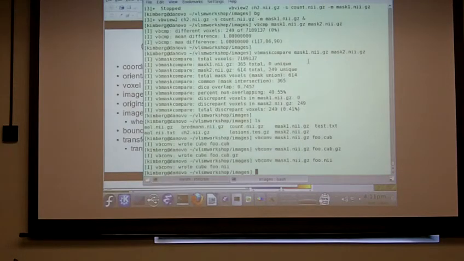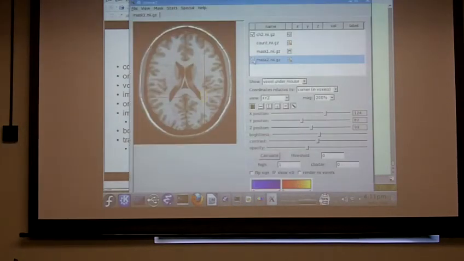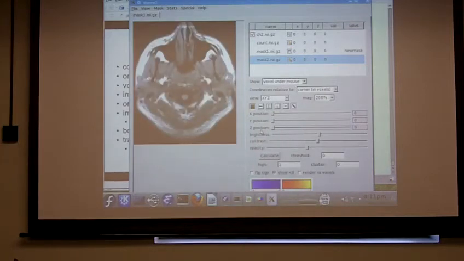So if I open up this, I already have it open, I guess. If I open up this colin brain and I go to the 0, 0, 0 voxel, you can see I'm going all the way to the left, all the way to the back, and all the way to the bottom. So this image was stored in RPI. I'm not sure.